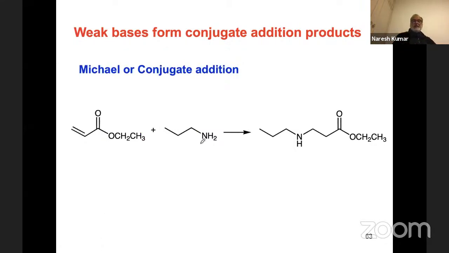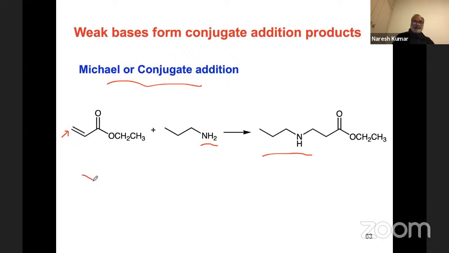So what I mean is that if you have an amine functionality, instead of reacting with this carbonyl group here, it will react with this position of the carbon by doing a conjugate or Michael addition chemistry to give you that addition compound where you introduce nitrogen into the molecule. So instead of this nitrogen attacking that carbonyl here, it attacks that double bond.